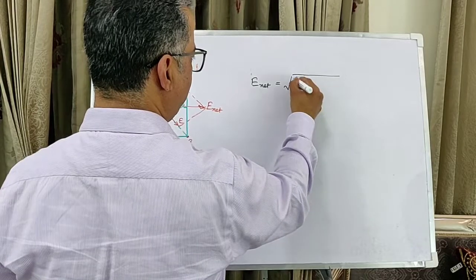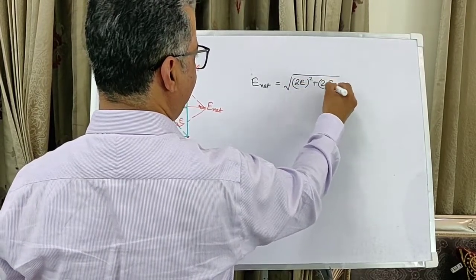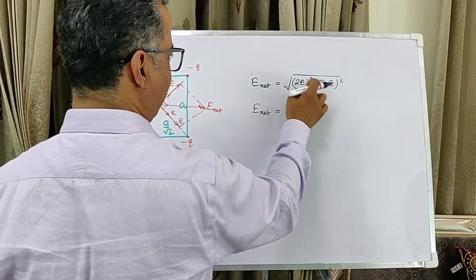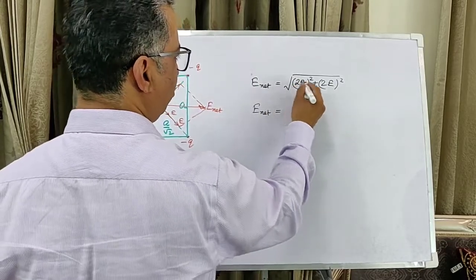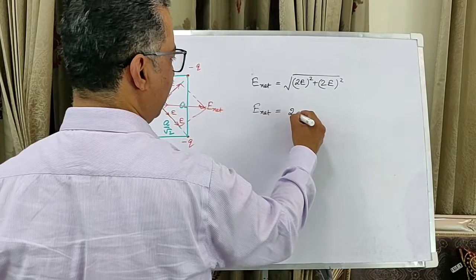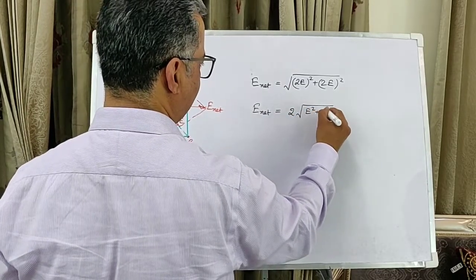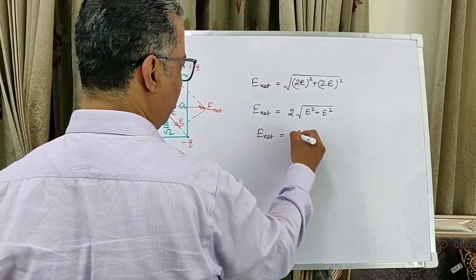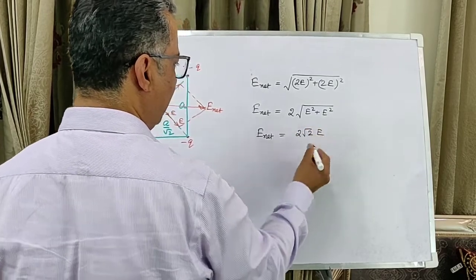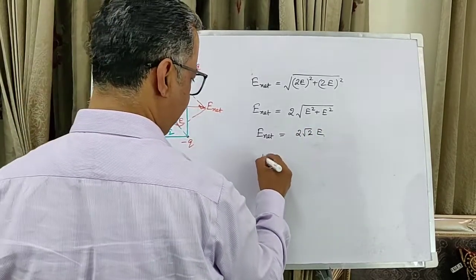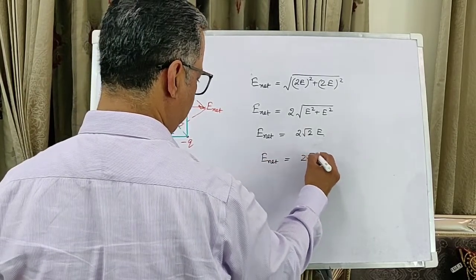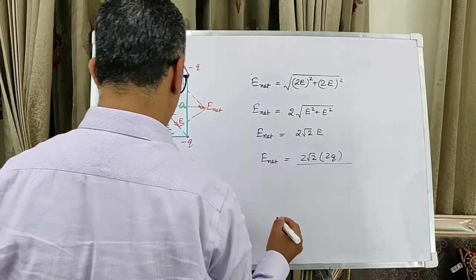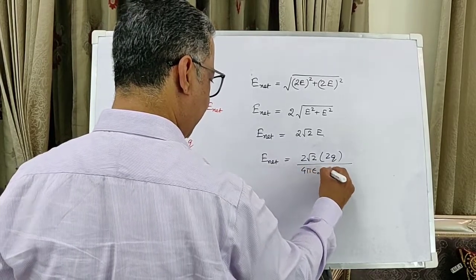So 2E whole square plus 2E whole square, and we take this 2 common and out, so 2 square taken out becomes 2, and we have E square plus E square, and we therefore get net field equals 2 root 2 times E. E is already known to us, and therefore this net field comes out to be 2 root 2 times 2Q in the numerator by 4 pi epsilon naught A square.